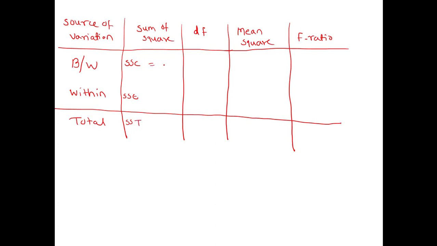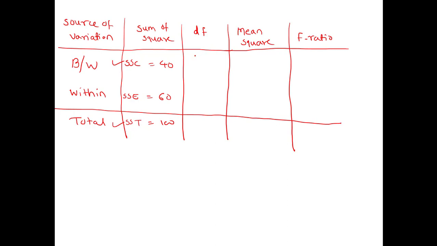So SSC we have calculated, which is 40. SST is 100. So 100 minus 40 is equal to 60. We have calculated this, and by subtracting SSC from SST, we can get the value of SSE.